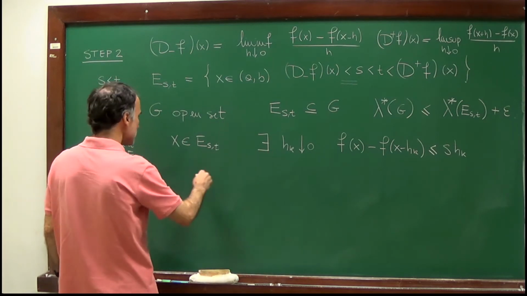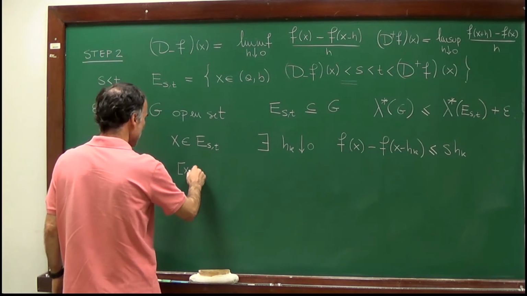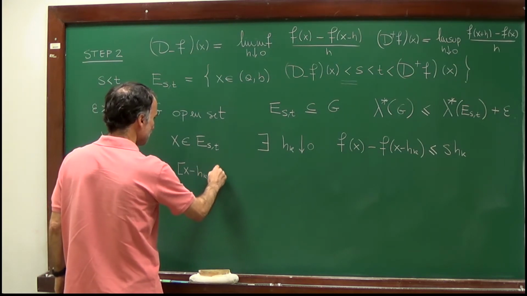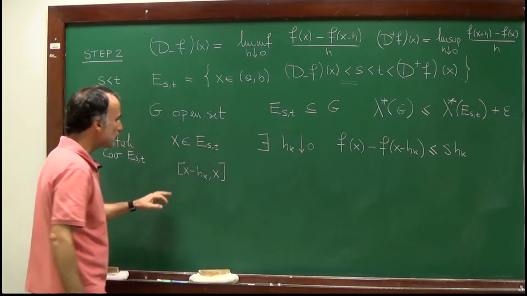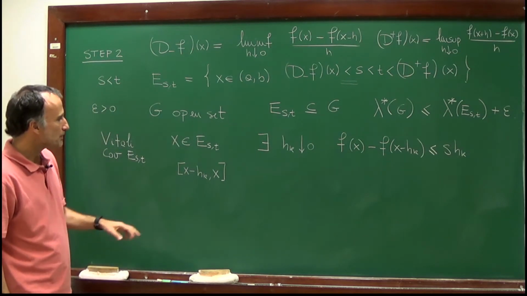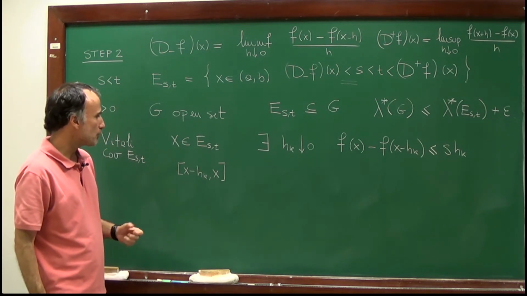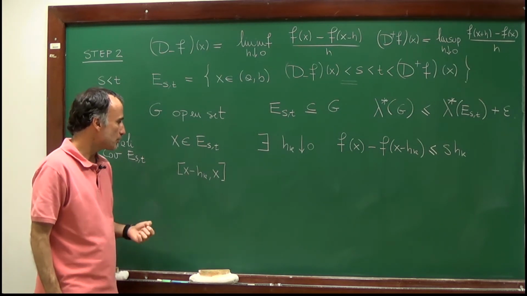So now let's consider the interval [x minus h_k, x]. These will be the intervals of my Vitali covering, but I don't want all of these intervals. I will just keep the small ones.